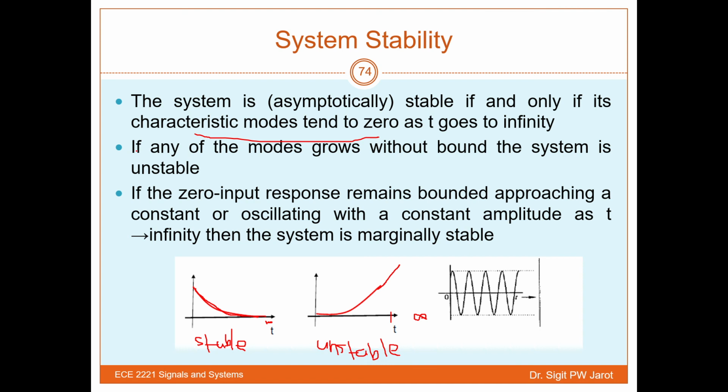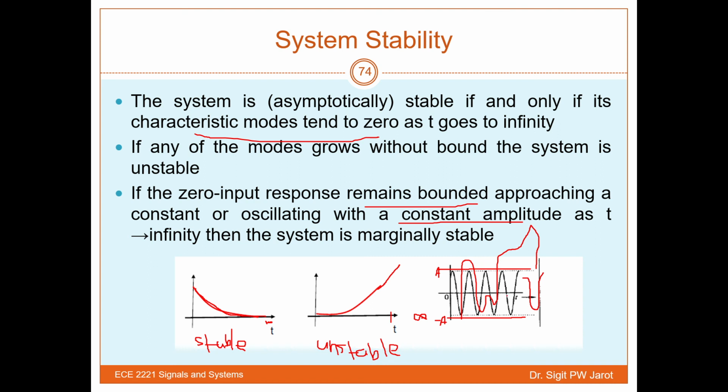Alright, but if the zero input response remains bounded, like this one, it remains bounded up to a certain value with a constant amplitude. It doesn't go down or up until it grows unbounded.